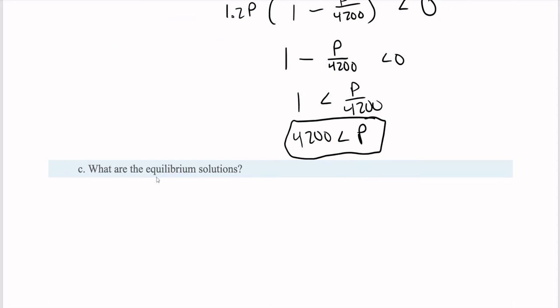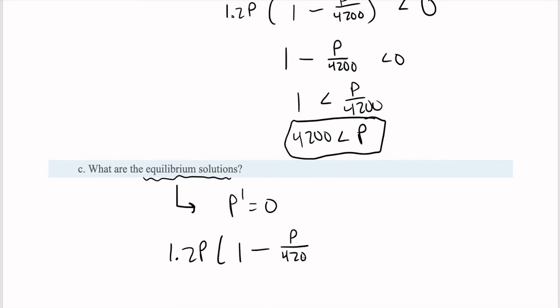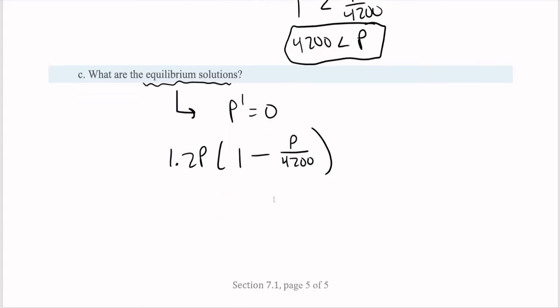So what we call that is an equilibrium solution. So this has a special name. An equilibrium solution is a solution that's hit that spot that, it almost feels like the differential equation is trying to get to. That's going to happen when the derivative is 0. But I have a formula for the derivative, right? 1.2p times 1 minus p over 4200. I want when this is 0.